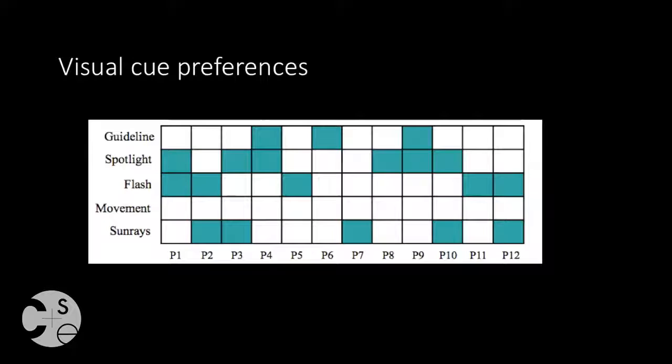Here each column in this table represents a participant, and each row stands for a different cue. You can see that sun rays was pretty popular. Nobody chose movement, which was kind of interesting. Flash people liked quite a bit, and spotlight. But there were very individual preferences.